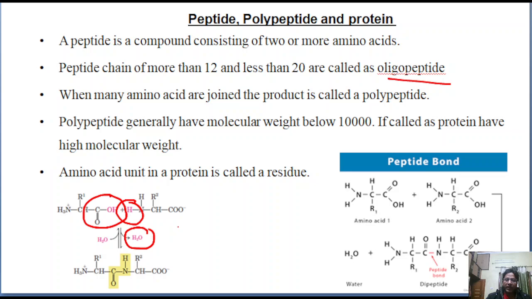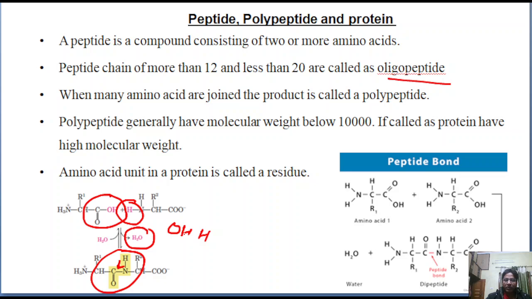The elements of the water molecule, the OH and the H, are removed from the two amino acids, and an amide linkage is formed. This bond is known as a peptide bond, and the peptide bond is a type of amide linkage.